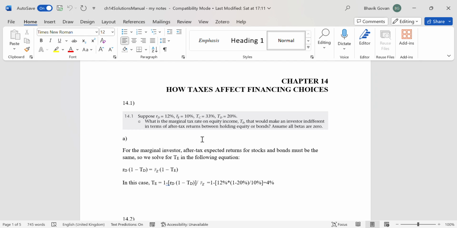So basically the cost of debt times 1 minus the tax on debt is equal to the cost of equity times 1 minus the tax rate on equity. So that's basically the equation that you are solving for. So just change the subject of the formula, make TE the subject, and plug in the numbers, and you'll get your answer. So it's relatively straightforward.